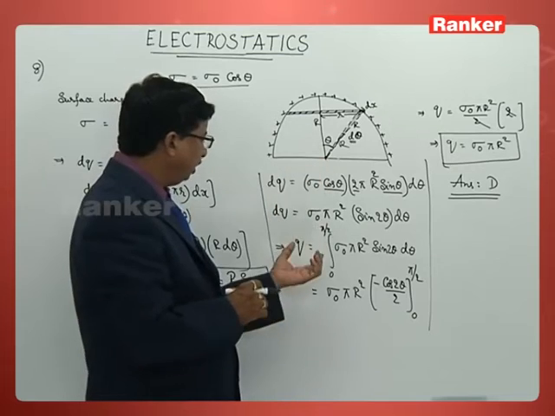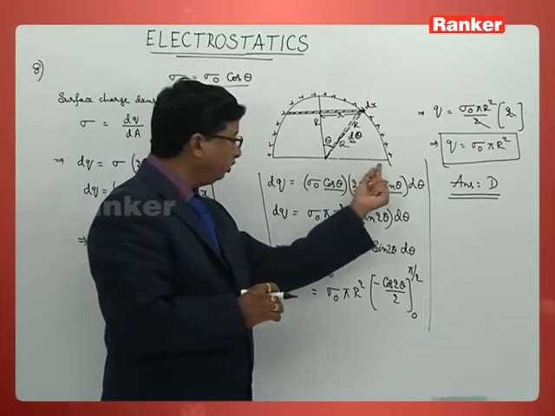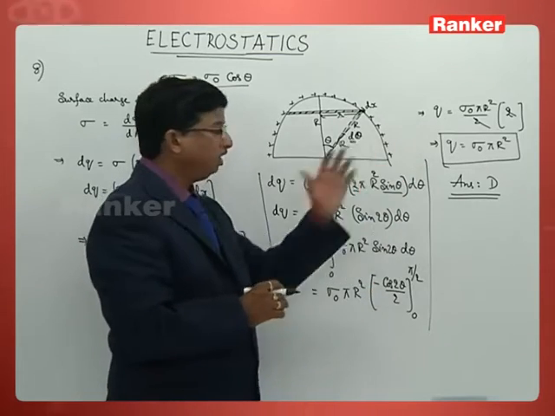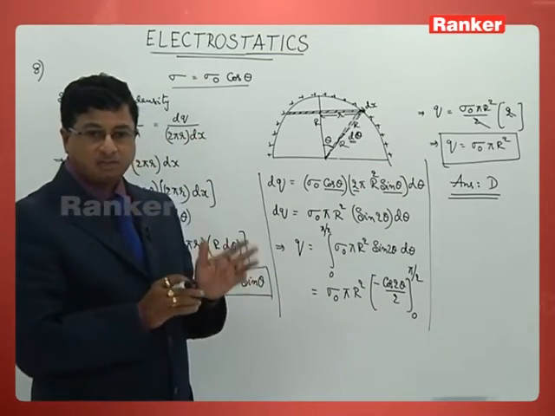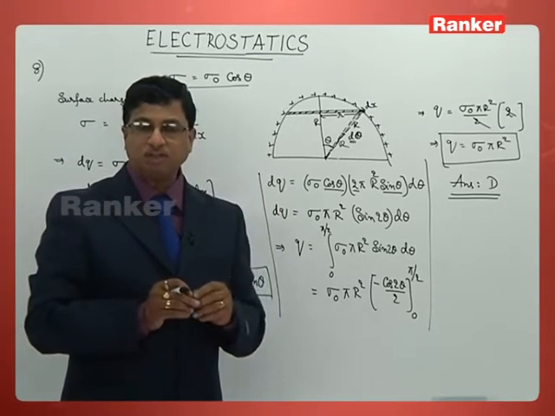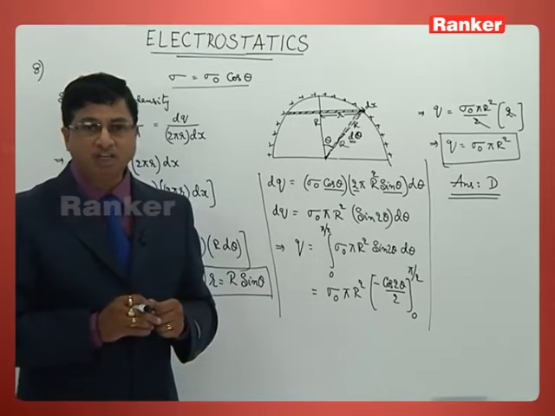Then we have integrated between 0 and pi by 2. What is that value we have obtained? Sigma naught pi r square. That is in coincidence with the fourth option for us. Thereby, the correct answer for this problem is D.